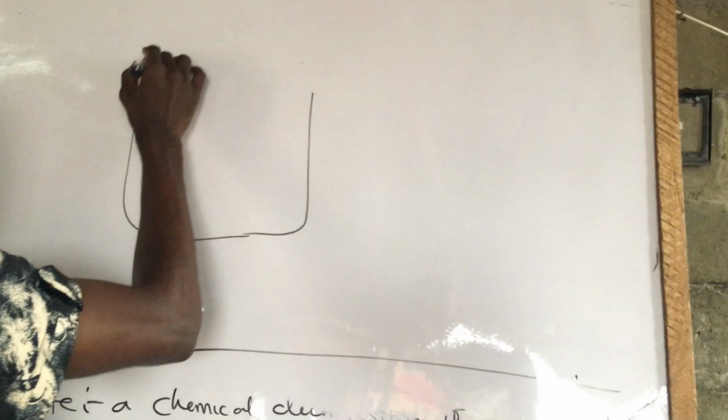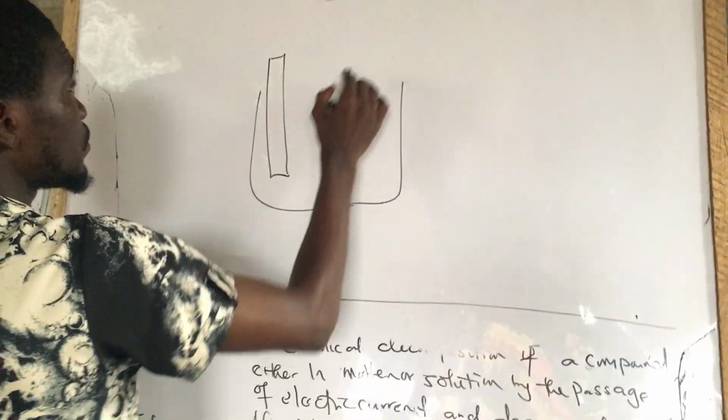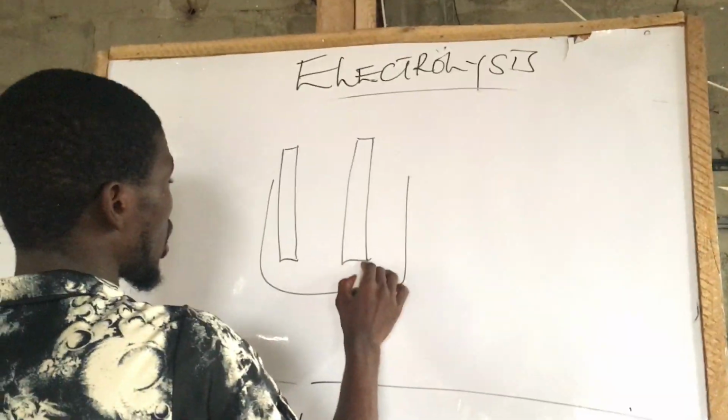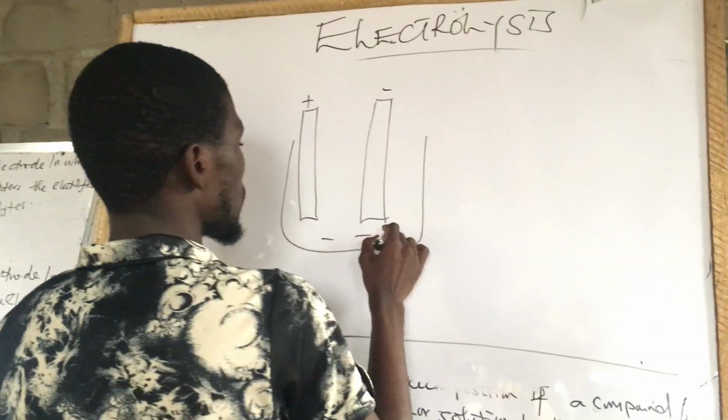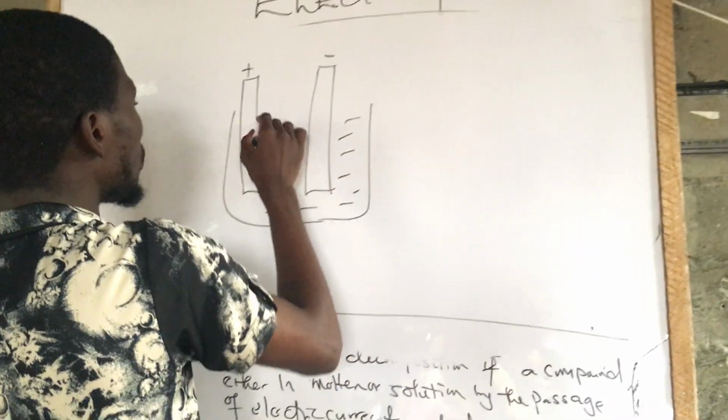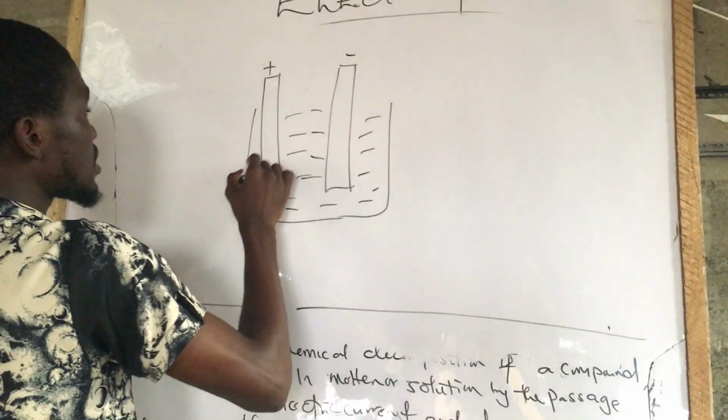So class, let's take a look at those two electrodes. So this is my container. This is the first pole, and here is the second pole. I have this to be my negative, this is my positive. So this is the container which contains the electrolytes.